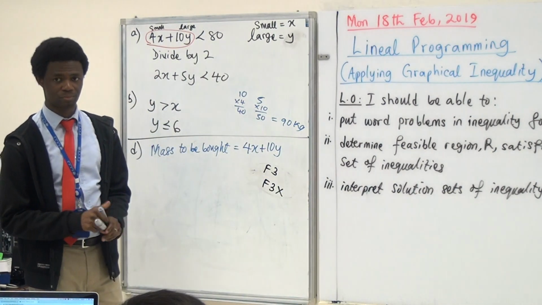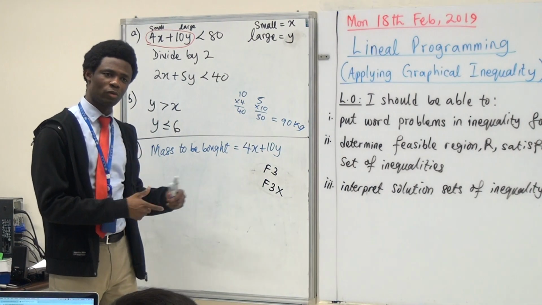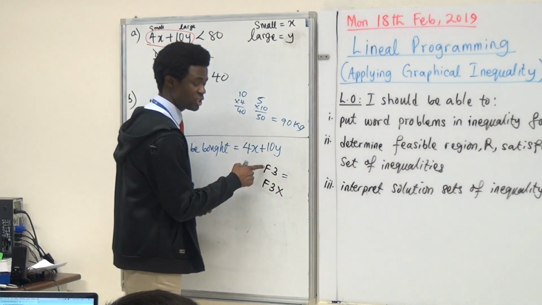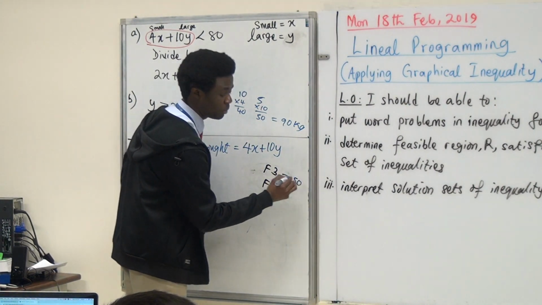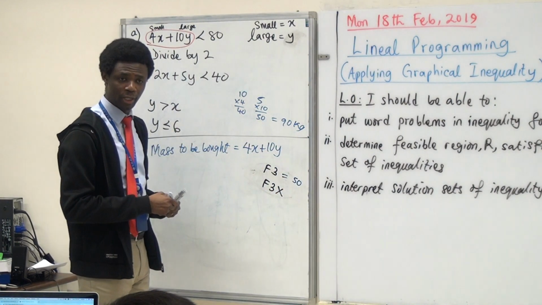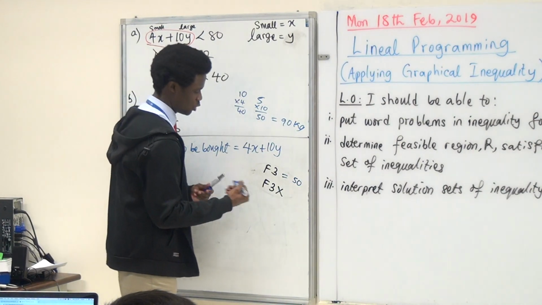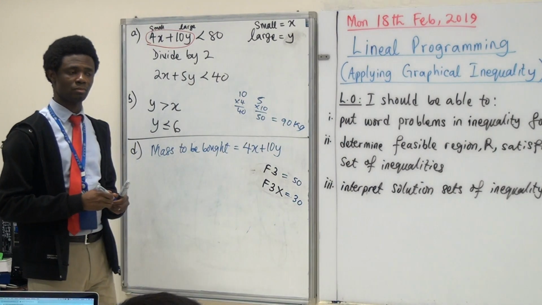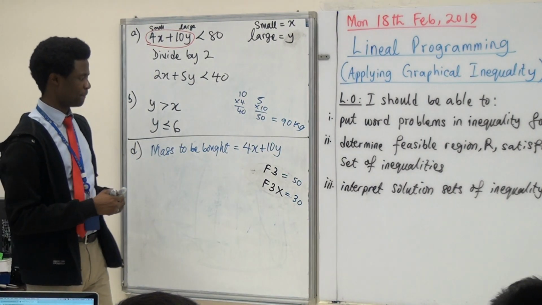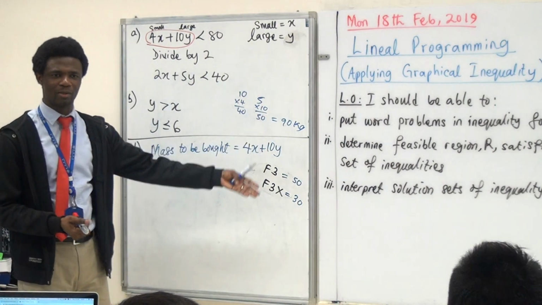Are you with me? On each of these phones, we make a profit of 50 more. On each of these phones, we make a profit of 30 more. We have to sell a certain number, right?